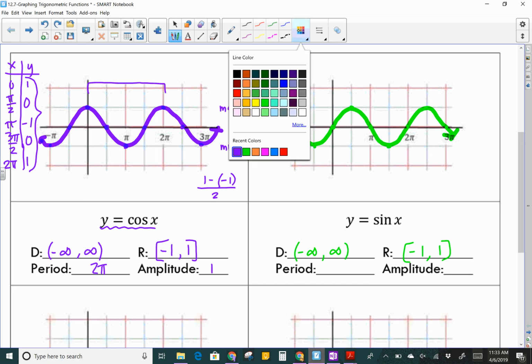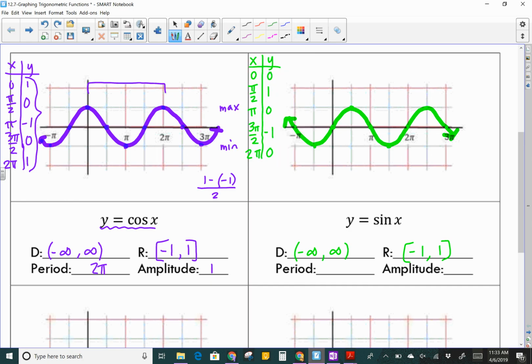Now my sine graph, period again. This is just so you don't get confused. I can go from a max to a max to figure out a period. I can go from a min to a min. I can go from a 0 to a 0. And so you might question why it's not just right here.